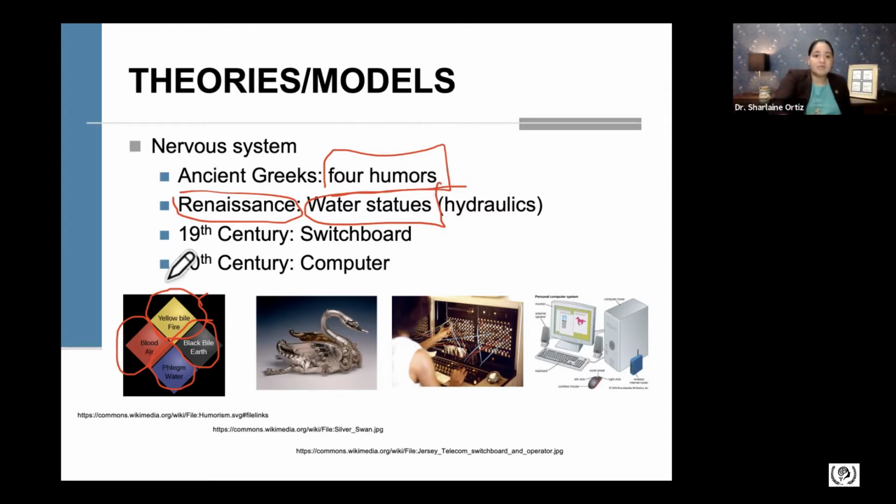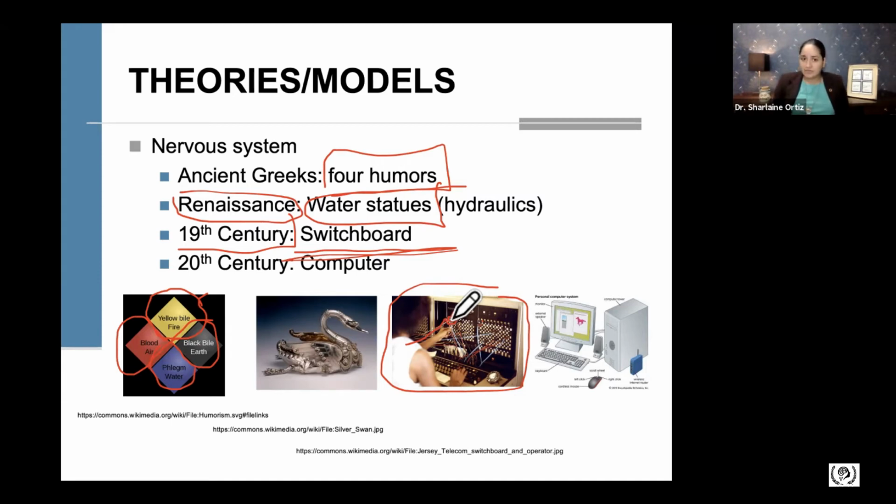Now, the next thing that I would like to mention is that once we were moving towards the 20th century, we started comparing our nervous system to a switchboard. So for those of you who may be too young to remember things of that nature, initially, when you made a phone call, you would contact the operator and the person would physically link you to the port that belonged to the person that you wanted to talk to, and then your call was transferred there.